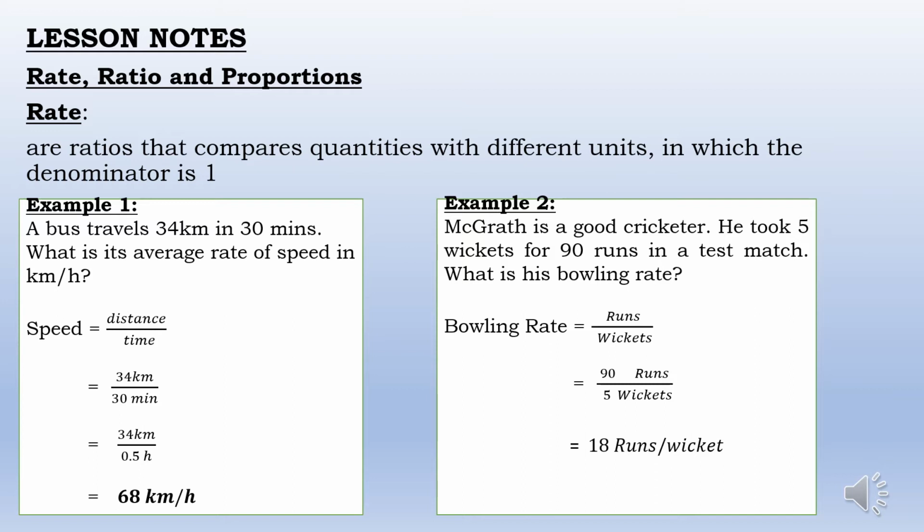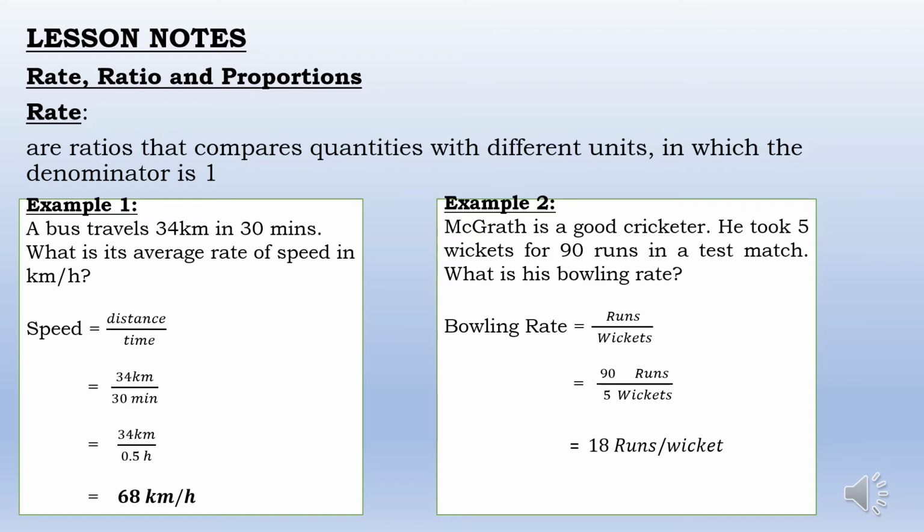Now first of all, we need to write down the formula for the speed. Speed is equal to distance divided by time. According to our question, the distance given is 34 kilometers divided by 30 minutes.